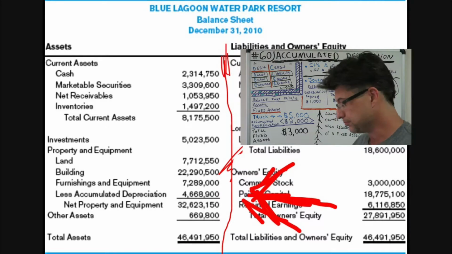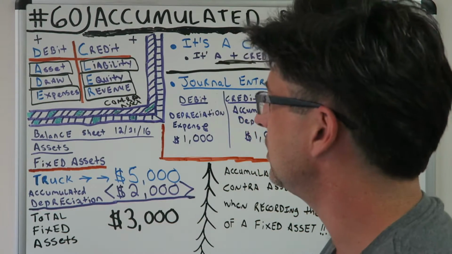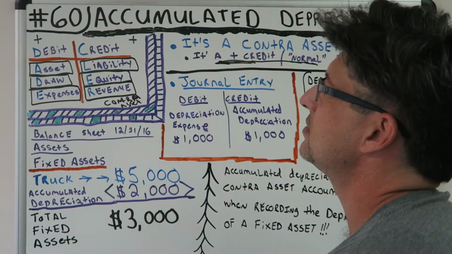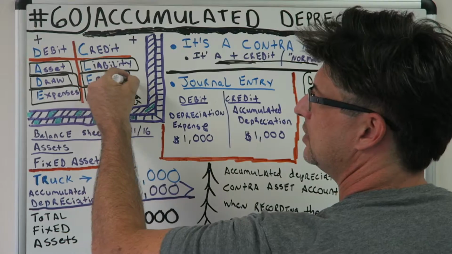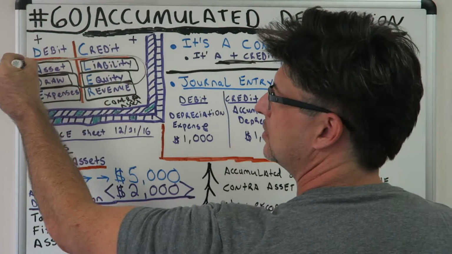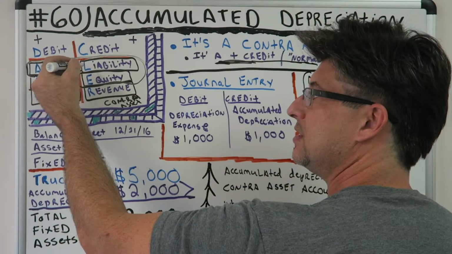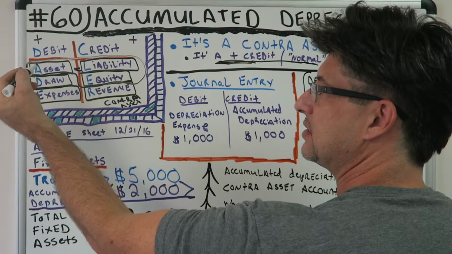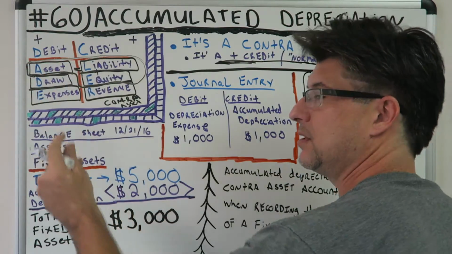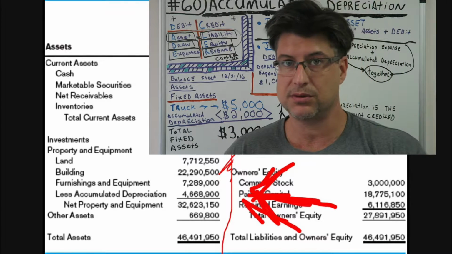As you can see, assets equal liabilities plus equity, and that is the balance sheet. That's one of the reasons DCADLR is so handy, because it has the balance sheet in it. It's always going to equal.